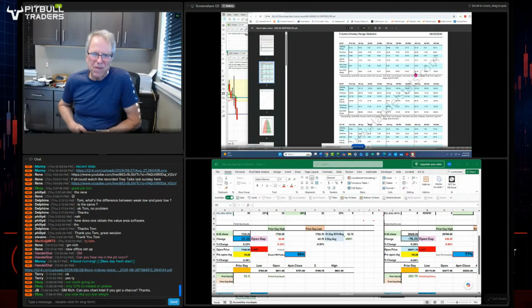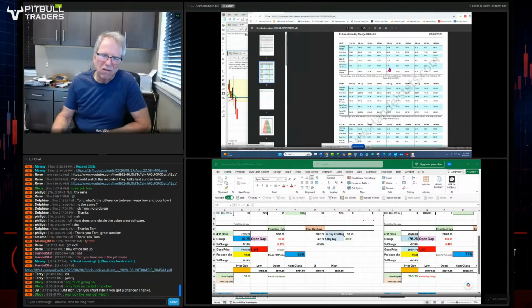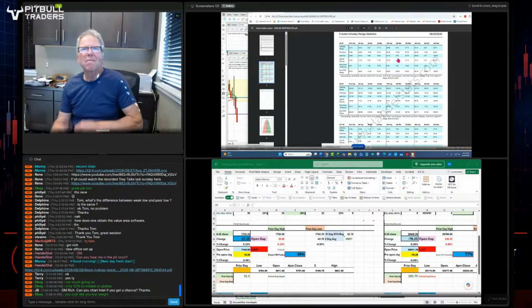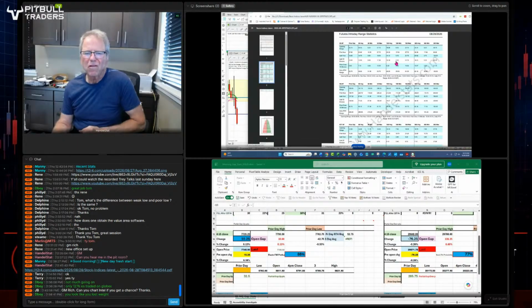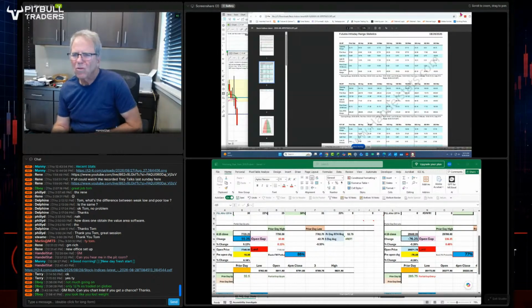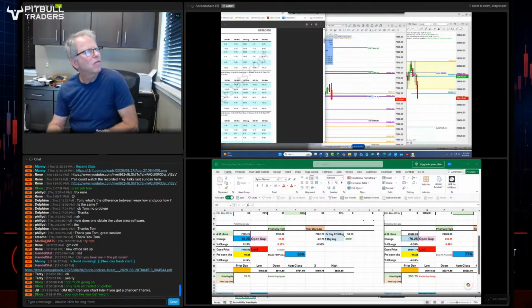So I'm thinking that we're going to have range expansion down 40 points from right now. Let's see what this range is. Let's see, 40 points from the range right now is, move this over here a second.